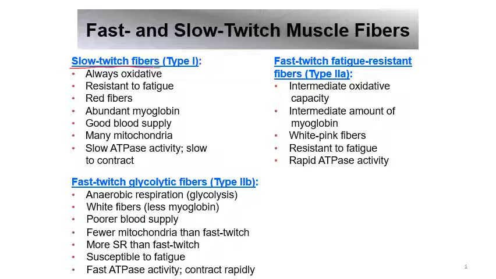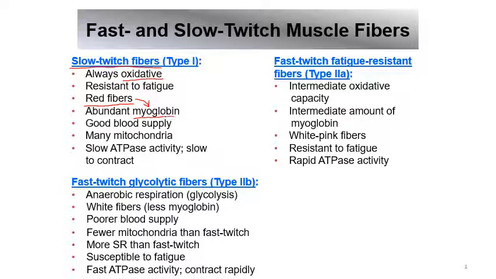These use oxidative phosphorylation, meaning cellular respiration, doing all of these steps to make ATP. And they're resistant to fatigue because they are making a lot of ATP. These slow twitch fibers are more red. They have more of a red color because of the protein myoglobin.